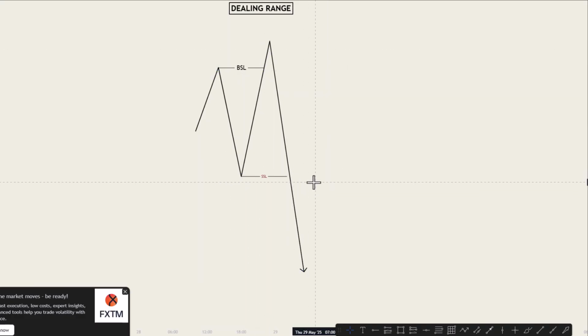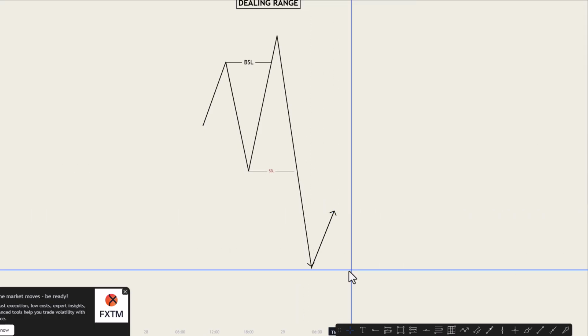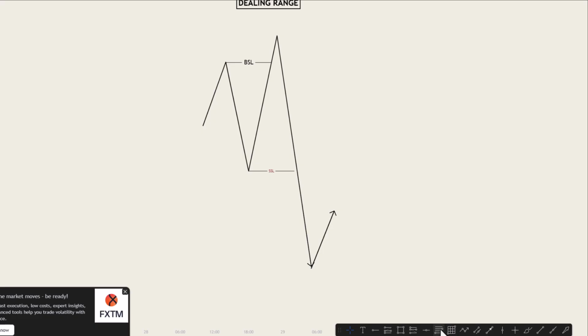We need to see that price also created some level of bullishness when we have this price going bearish. And what does this mean? We need to see price creating a swing point at this level. Put our Fibonacci level and see how that becomes a daily range.